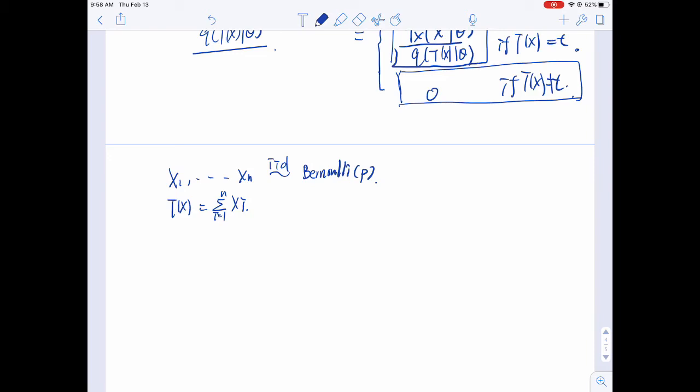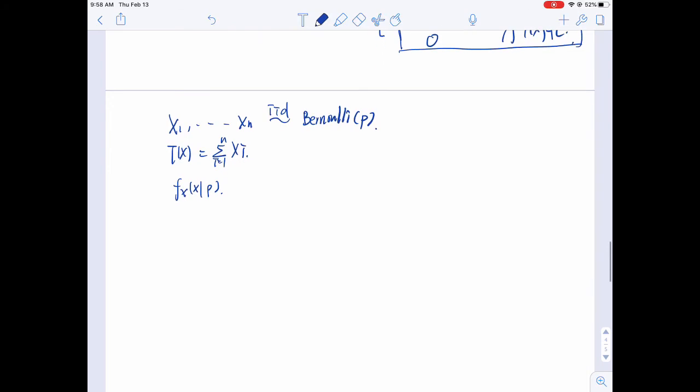So this time, we are going to write these two quantities separately and then take the ratio of them to check whether they are a constant function of theta or not. In this case, the theta we're interested in is p.